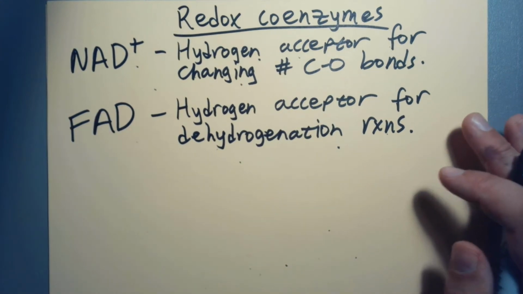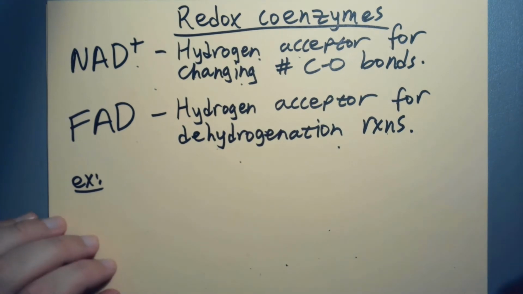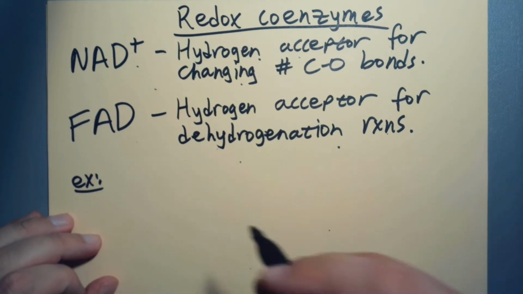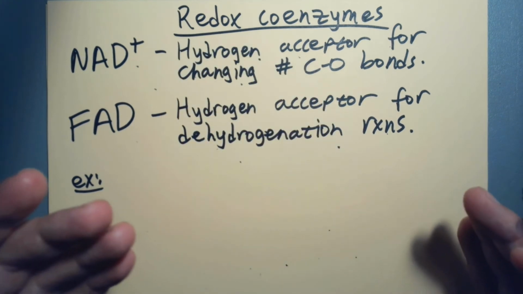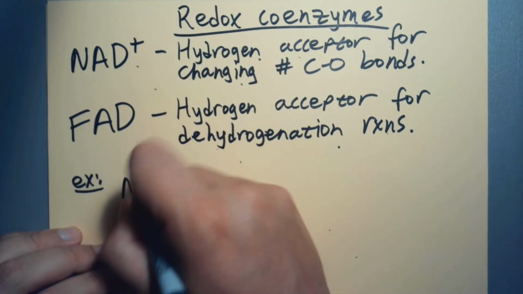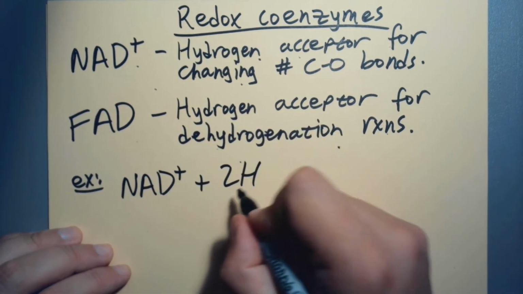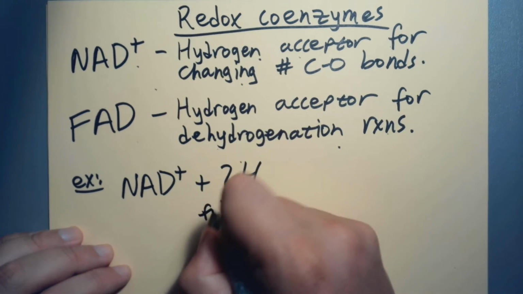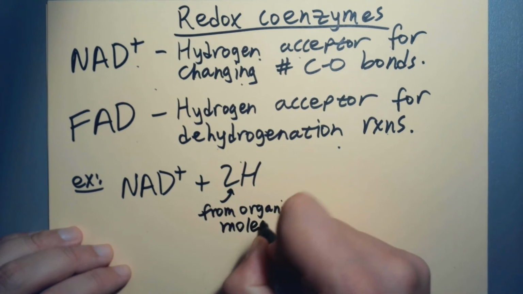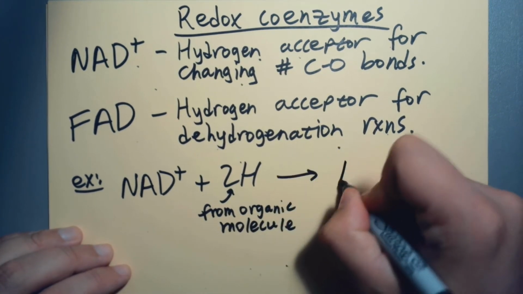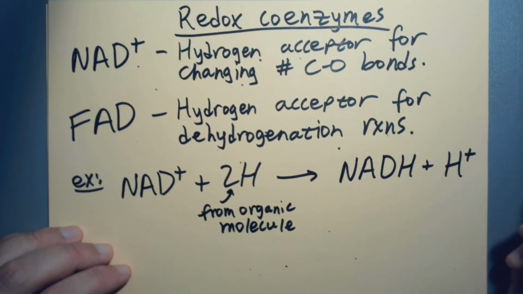So what do these reactions look like? First let's talk about what happens when they absorb hydrogens. If you're talking about NAD+, it's going to accept two hydrogens from some organic molecule, and it's going to become NADH, and then you're going to get an H plus out of it as well.